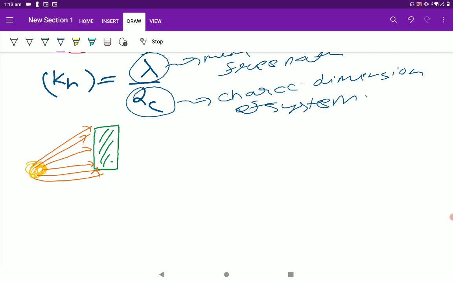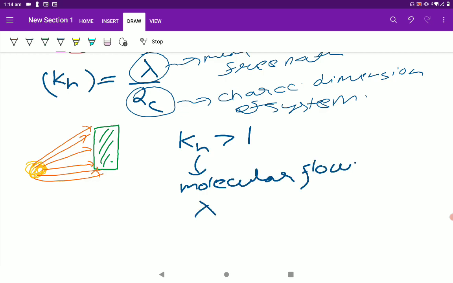So they travel along this distance, which can be some centimeters in the vacuum chamber. So when Knudsen number is more than 1, then molecular flow will occur. And because the mean free path is greater than the characteristic length of the system, no collision will occur.